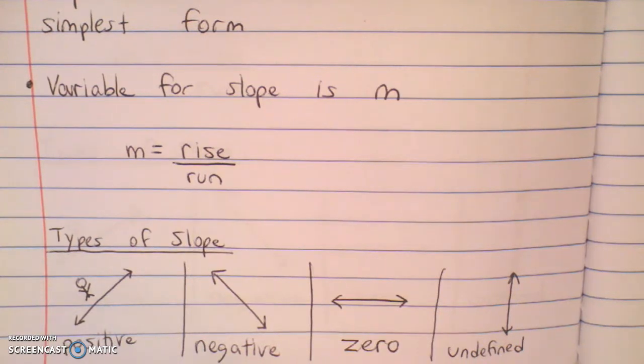So slope is just the change between 2 points on any line, and you can describe the change as being positive, negative, 0, or undefined. Those are the 4 options you have. So I'm going to show you how to find slope on a graph. And then you should be able to do some practice problems with that. So let's shift.